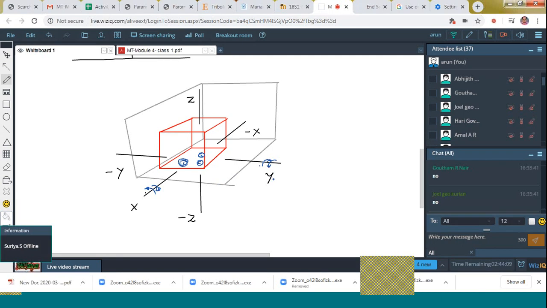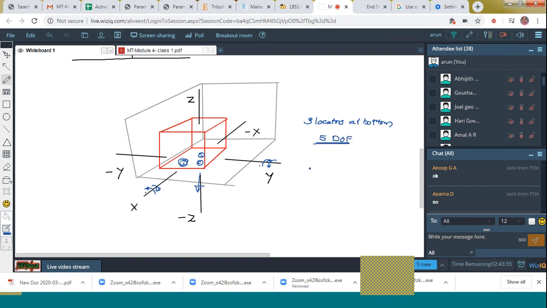Which linear motion is arrested by 1, 2, 3? Yes, the minus z motion is also arrested. Can it move downward? By means of these 3 locators, can it move downward? No. That motion is also arrested. Got it? So by means of 3 locators at the bottom, how many degrees of freedom are arrested? 5 degrees of freedom are arrested.